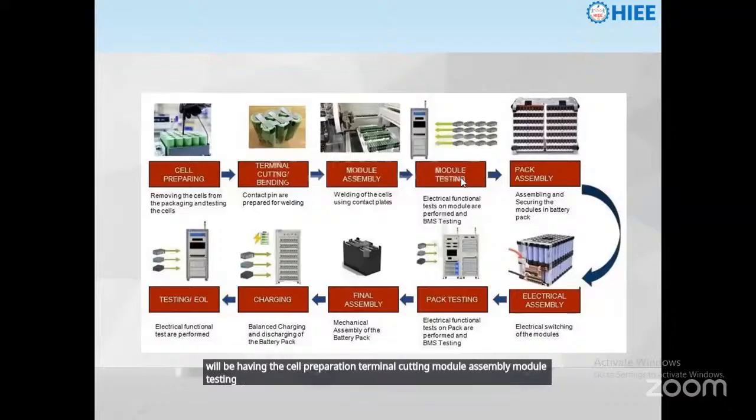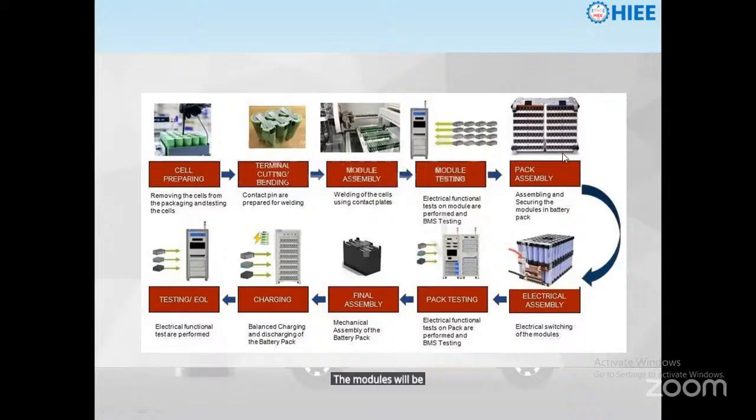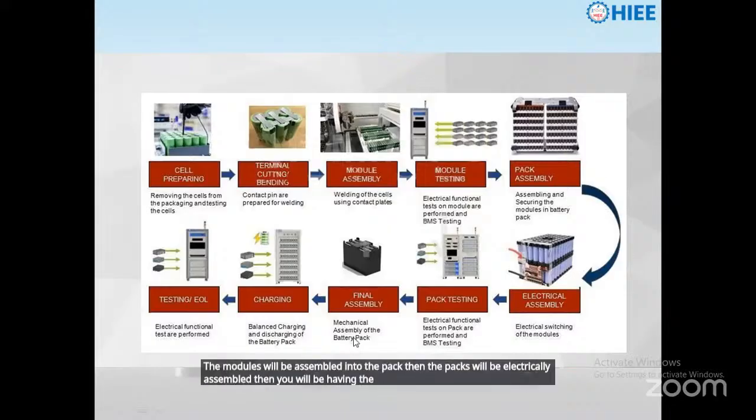Here the first testing happens. Then the modules are assembled into the pack, the packs are electrically assembled, then pack testing, then the final assembly. Again we charge the batteries and test them again. Then the QC or QA pass sticker is placed on the battery, and then it comes into the market.